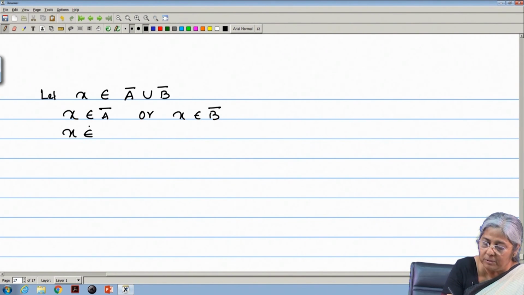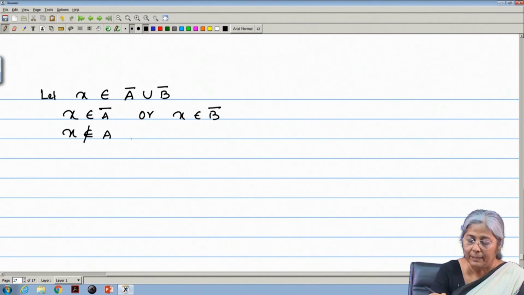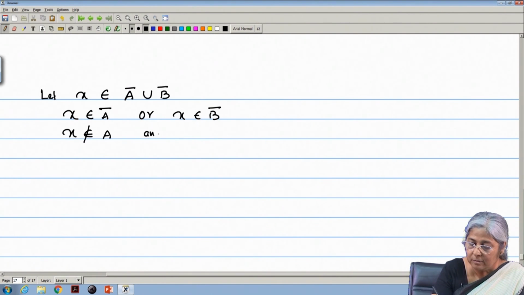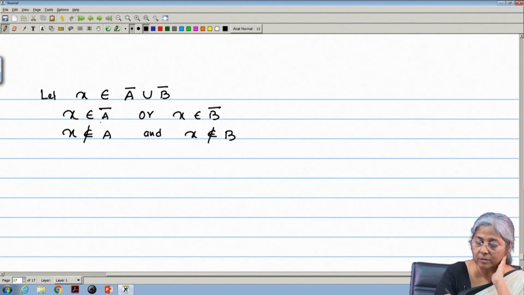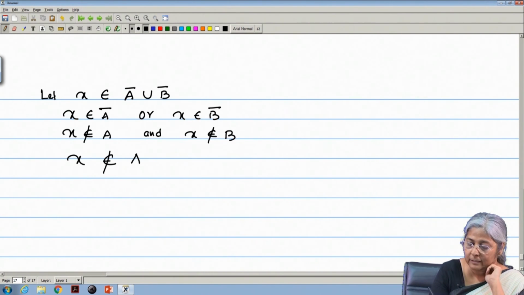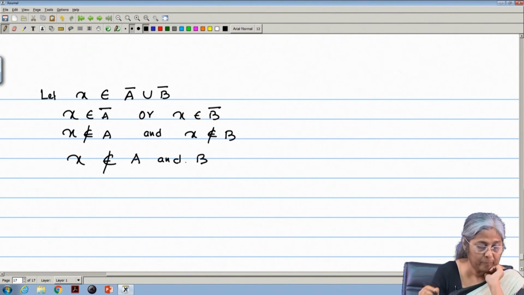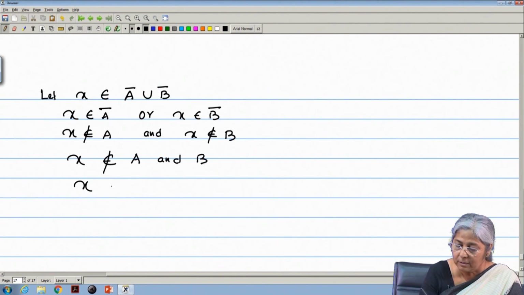Then x does not belong to A and x does not belong to B. So, x belongs to either A bar or B bar, that means x does not belong to A and x does not belong to B. That means x does not belong to A and B. That means x does not belong to A intersection B.